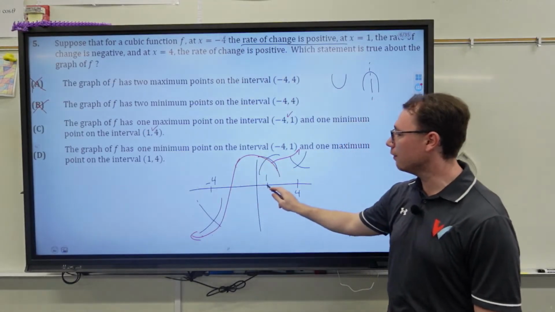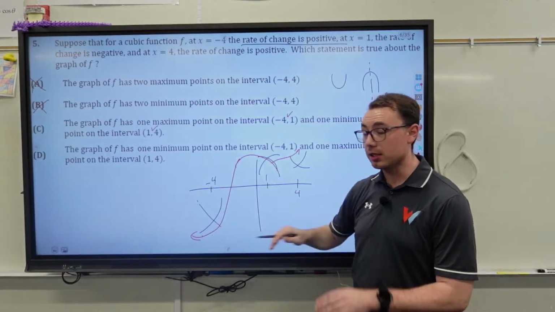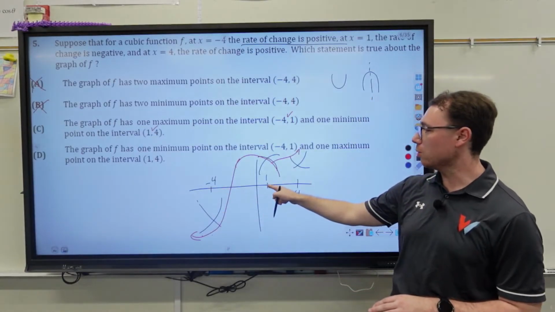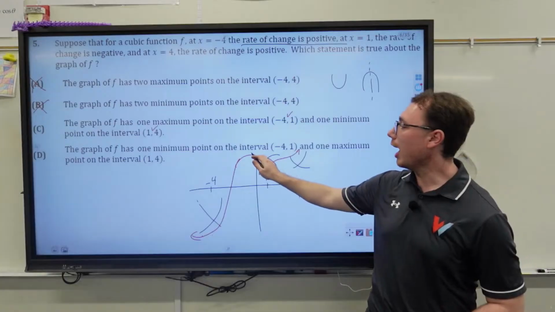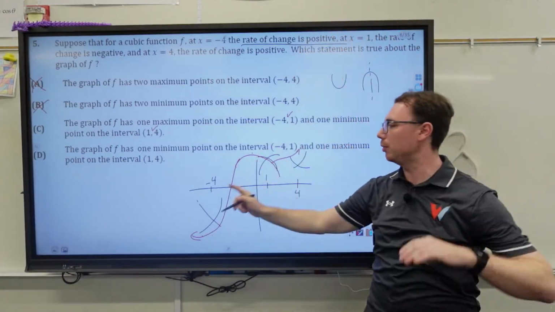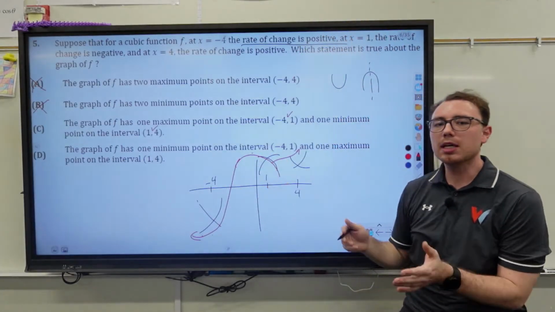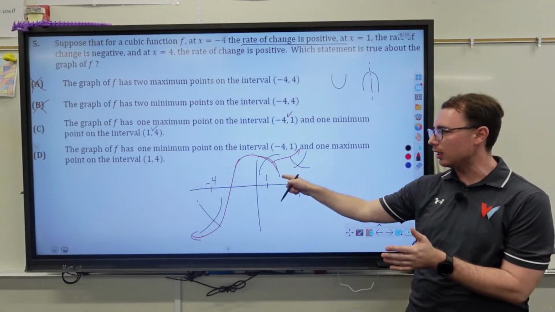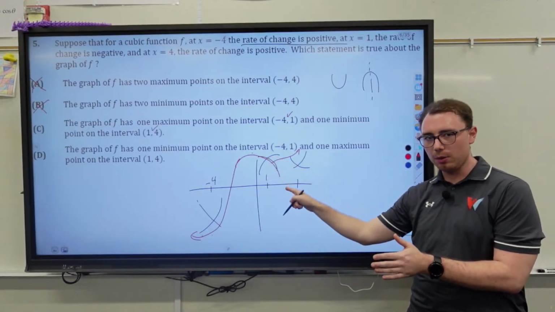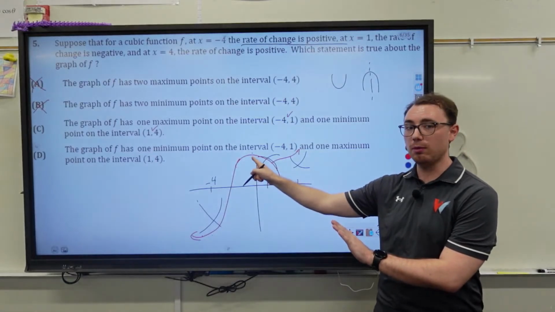So between -4 and 1, since at -4 it's increasing and at 1 it's decreasing, there has to be some maximum value between them, because this part of the graph is going downwards, leaving a maximum over here.